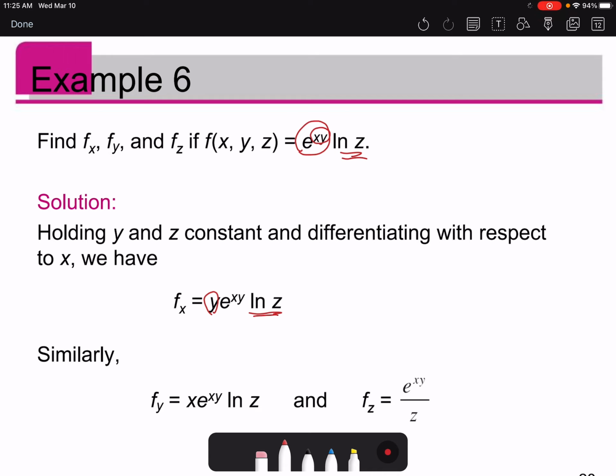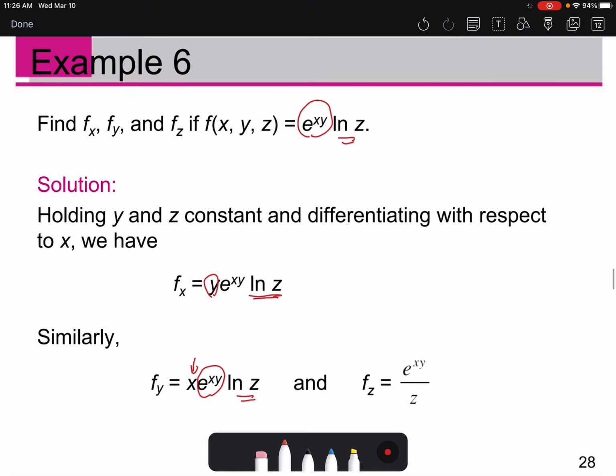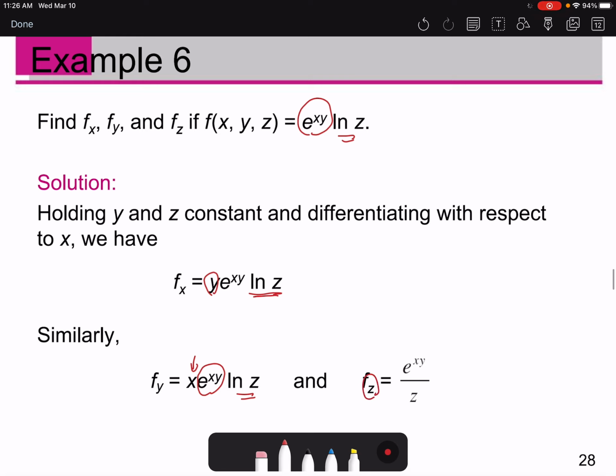The derivative of e to the xy, treating only y as the variable, is still e to the xy, times x. Then for the other term, y is the variable, the derivative becomes 1, so x is still there, times natural log z. Finally, take the derivative with respect to z. We're going to treat the first factor as a constant, so the derivative of natural log z is 1 over z. There you go. So that's a partial derivative with more than 2 variables.